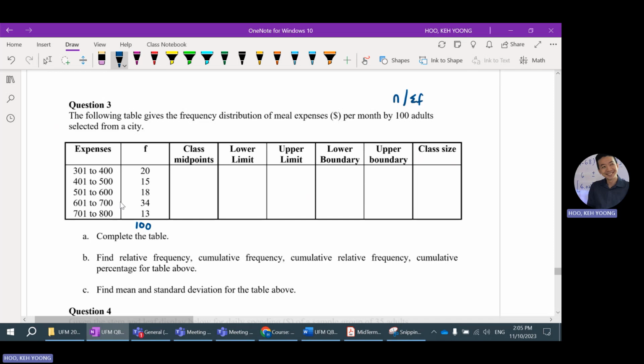Complete the tables and then find relative frequency, cumulative frequency, cumulative relative frequency, and cumulative percentage. So this is your chapter 2. For your midterm, I will also ask you to find certain information, not to fill up the whole table. For example, I may ask what is the lower limit of the first class. Then you need to know how to find it.